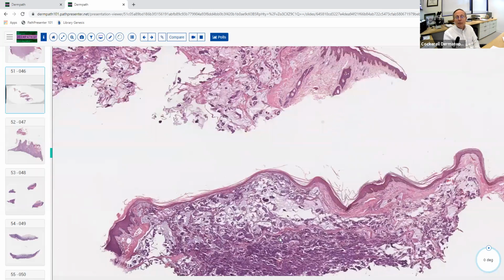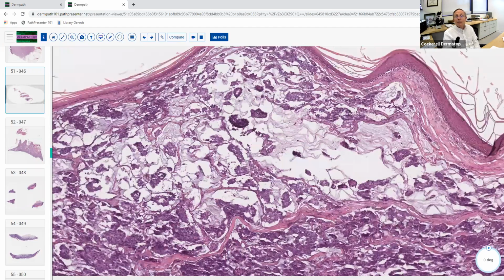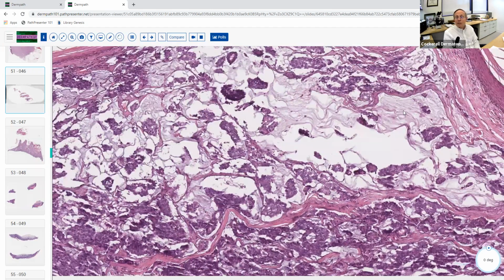At higher magnification, you can see that you've got a sea of this bluish gray material. We've talked about this several times in this lecture: bluish gray, you think of mucin. If you get a sea of mucin and these cells floating freely within that mucinous lake, if you will, that is a mucinous carcinoma, period, the end.